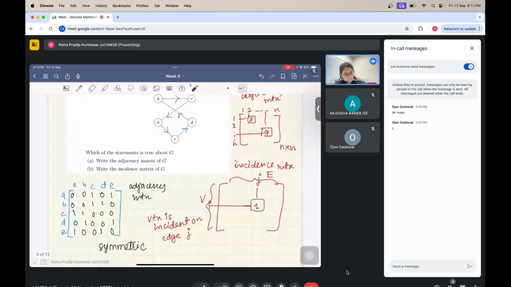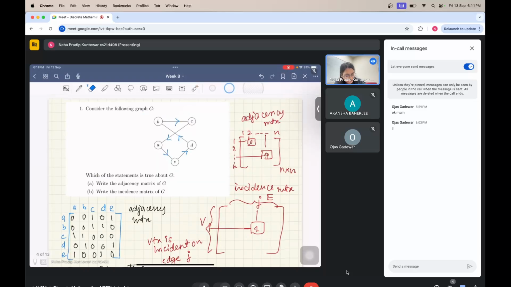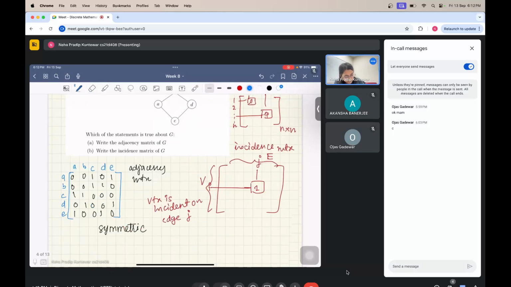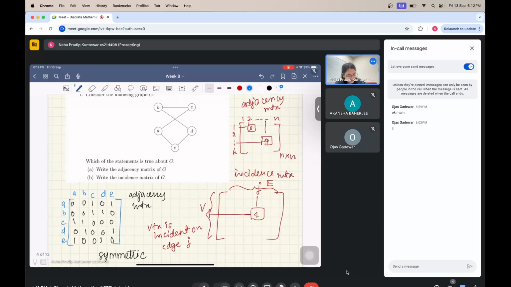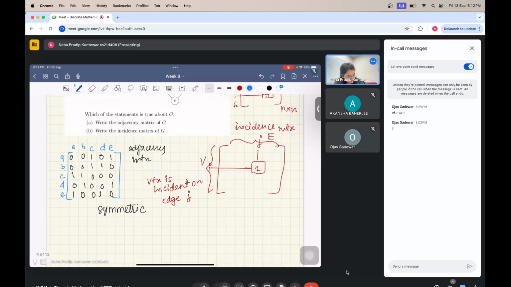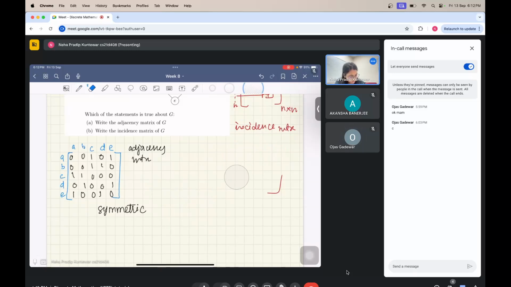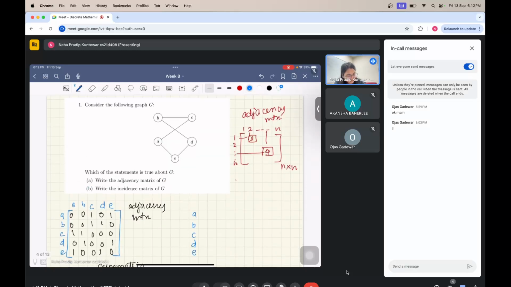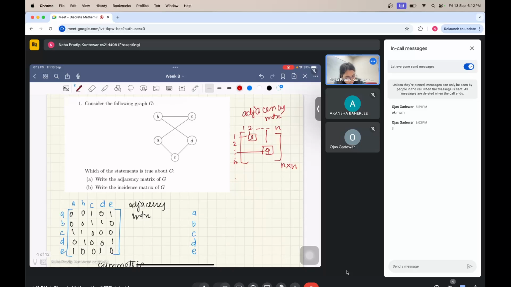But for our case, let's assume that we do not have directions, and let's try to write the incidence matrix for this. So maybe I'll make some space here. You have A, B, C, D, E, and I'll call the edges 1, 2, 3, 4, 5.